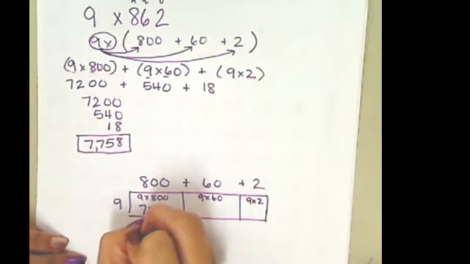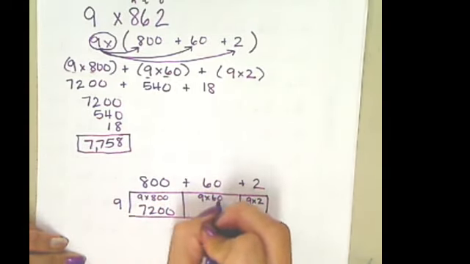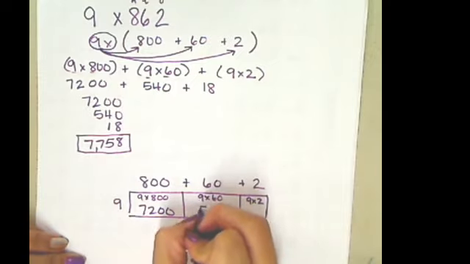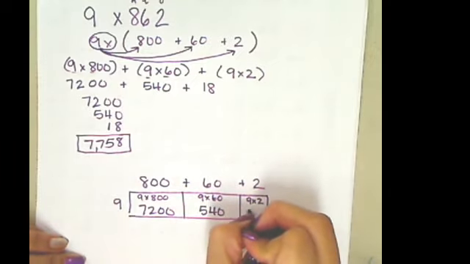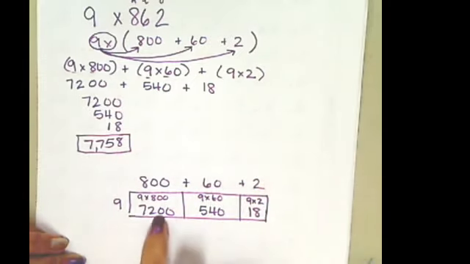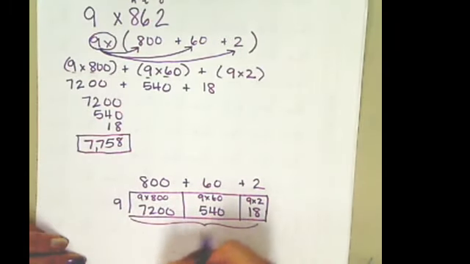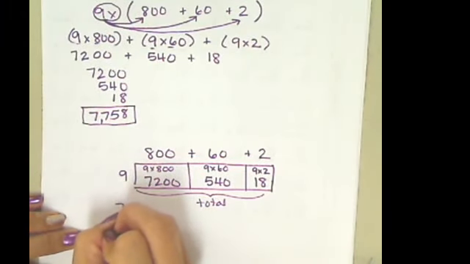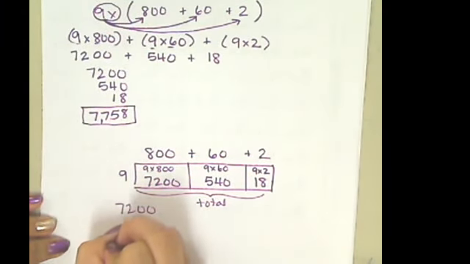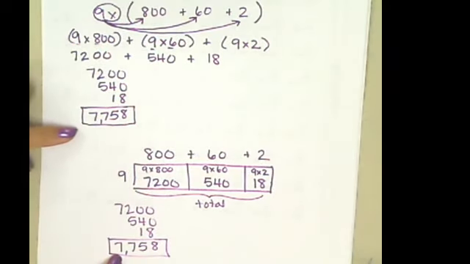Okay, that's 7,200. 540. 18. We're going to grab the total, which is 7,200 plus 540 plus 18. I get the same product. Check, check. Okay?